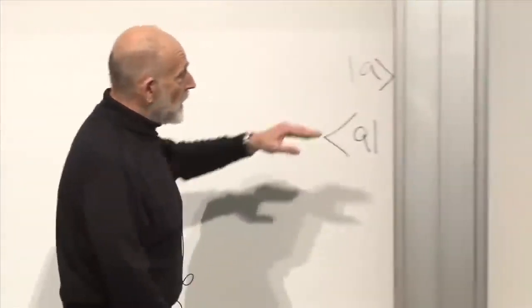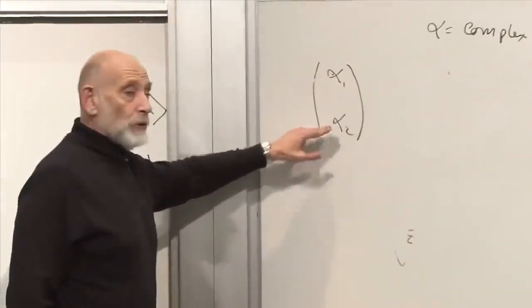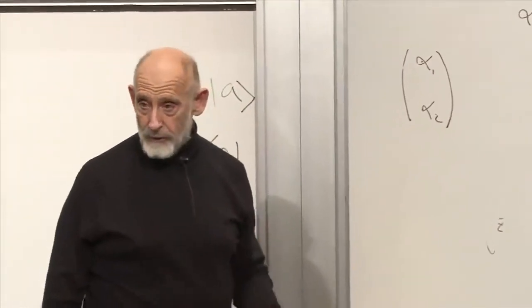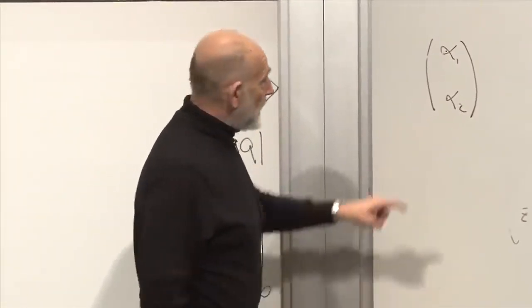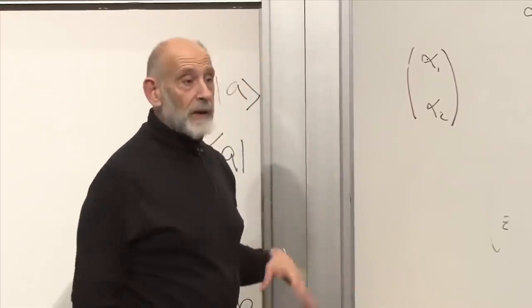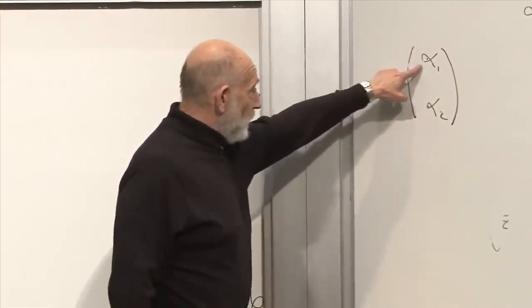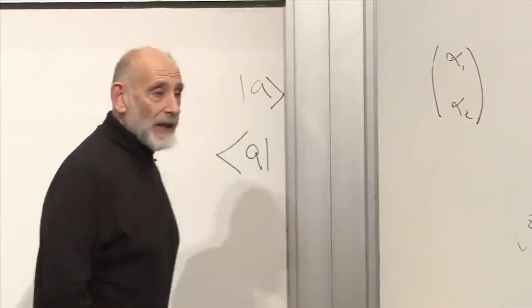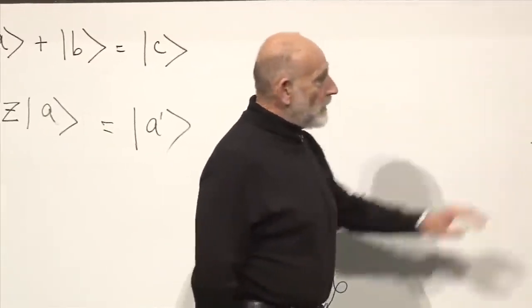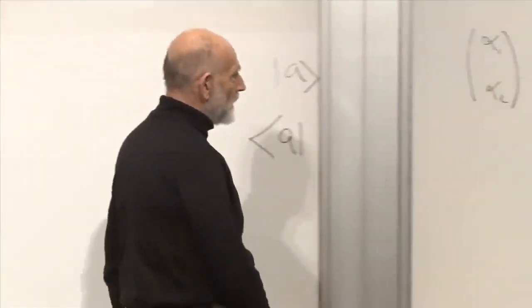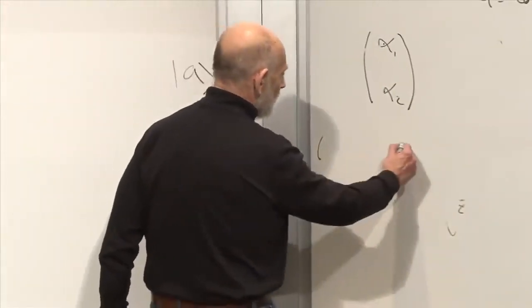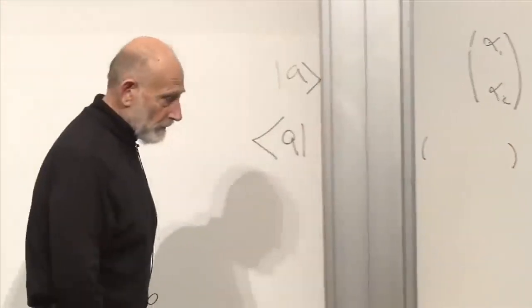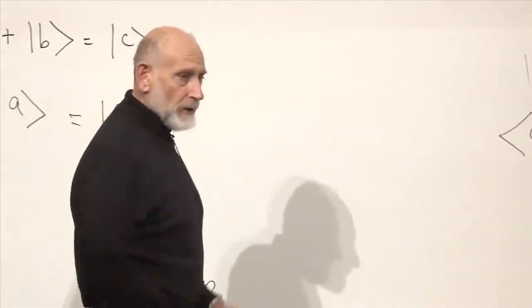And the answer is, it's the same pair of numbers except they're complex conjugates, alpha 1 star and alpha 2 star. But just to keep track that we're talking about a different vector space, we write it in row form, not as a column, but as a row.